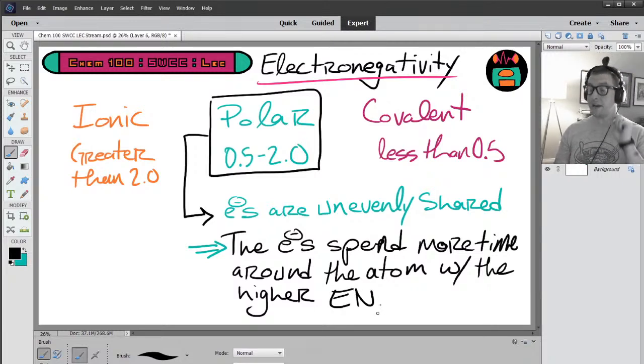All right, and this has consequences for the molecule's behavior, for molecular behavior.